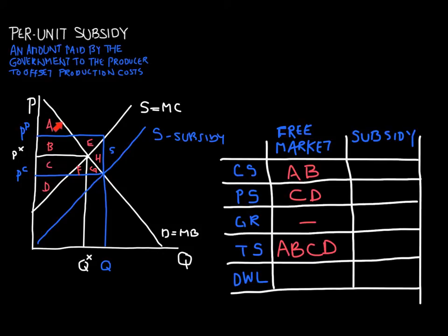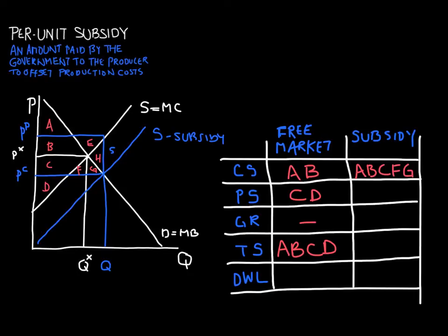So we look at the area below the demand curve, above the price that consumers pay. That area includes a lot of letters, so I'm going to write them down here. We have A, B, C, F, and G. Now, then we have to find the producer surplus, which is again the area below the price paid or received by the producers and above the supply curve.